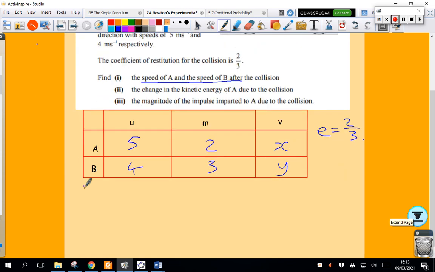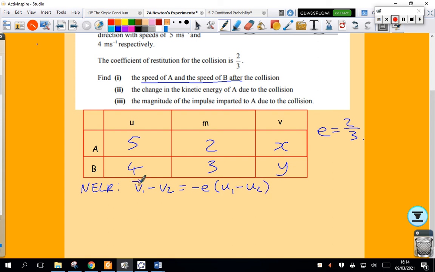We're going to start off by using Newton's experimental law of restitution, which is given in your formula and tables booklets. In your mechanics section, you're talking about Newton's experimental law of restitution. It's on page 51. And it says V1 minus V2 is equal to negative E times U1 minus U2.